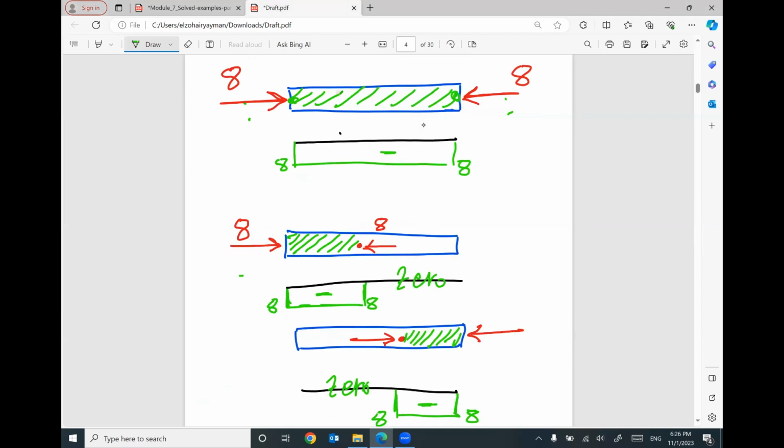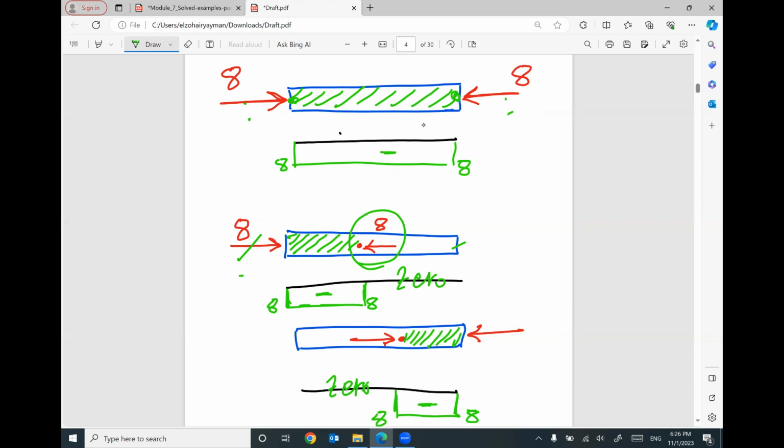Because if you have something given here, this reaction will be something different. Part of this reaction will oppose this one, and the other part will oppose the second one. This is a more advanced case. It's outside the scope of this course. We are taking a basic course. Maybe we can cover this case if we are taking a structure analysis course. It's more advanced. But right now, it's basic.